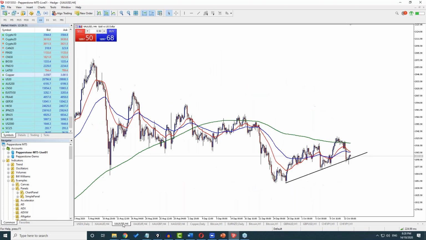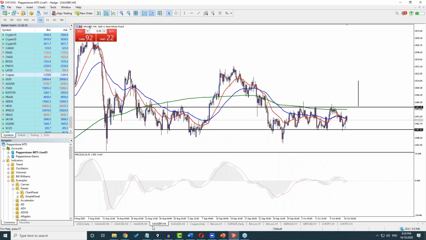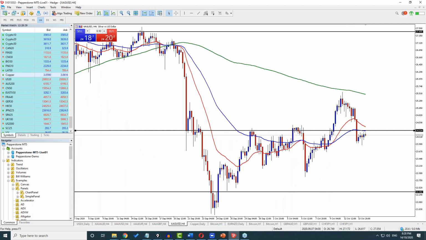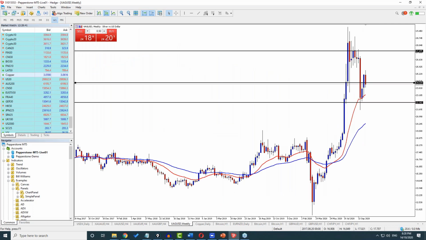I think gold is tough because of the US dollar index moves, but maybe gold euro, gold pound, gold aussie, not as tough. If we have a look at the way silver's been trading as well, on a bigger time frame, if you're not looking at these as a scalper, it is worthwhile considering that. It's no coincidence that silver dumped off and moved down, but at the same time, it found some form of support around that 20 exponential moving average on the weekly.